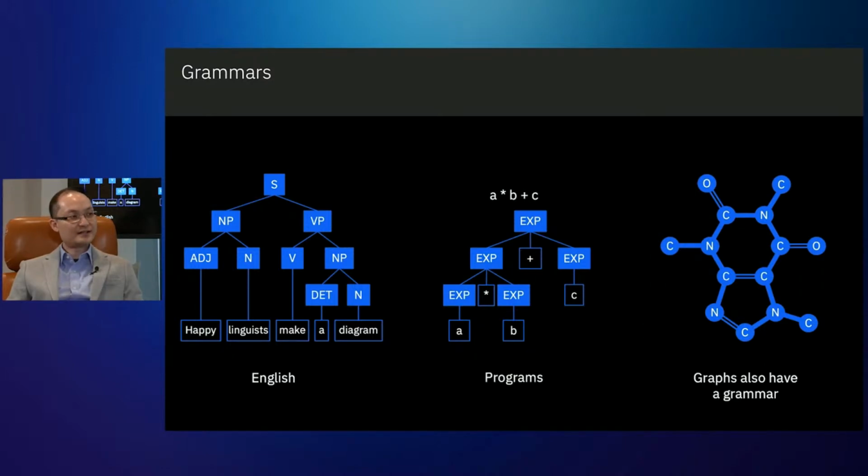So effectively, a grammar is a set of rules that tells us how to compose a complicated object, either a sentence or a computer program. It turns out that graphs, which are the things that we use to model molecules, also have grammars. And that is the gist of our work here.